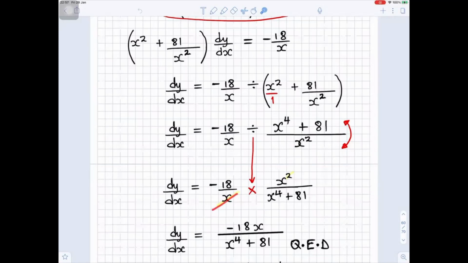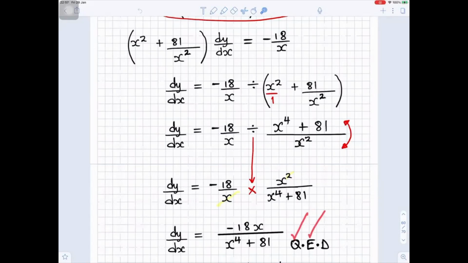One of the x at the bottom would cancel with one of the x at the top, so you're left with one x at the top. So minus 18 times that one x will give you minus 18x, and then you're left with x to the 4 plus 81. So your dy over dx is equal to minus 18x over x to the power 4 plus 81.